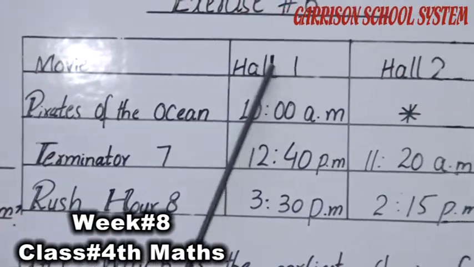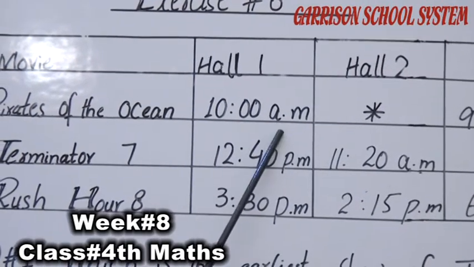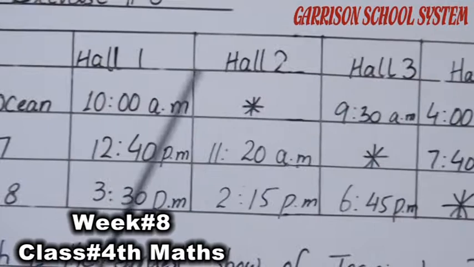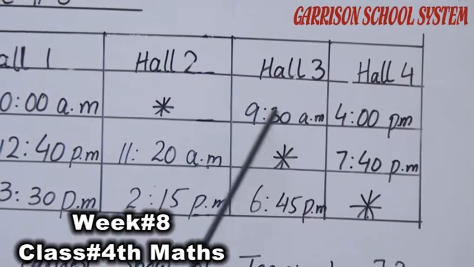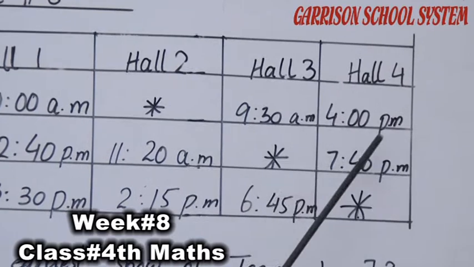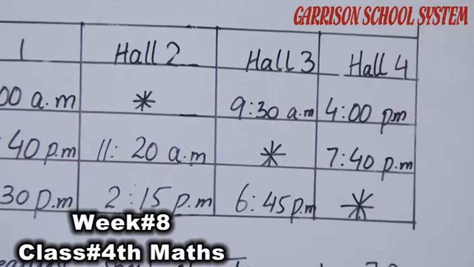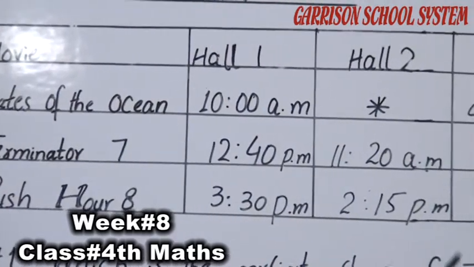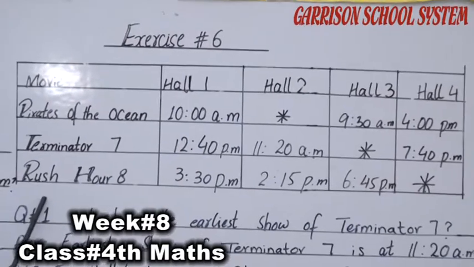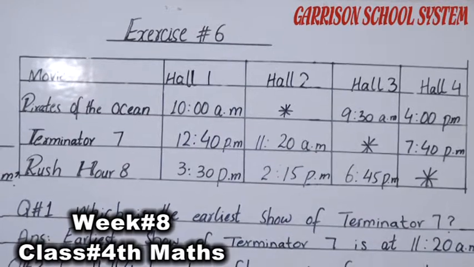Pirates of the Ocean in hall 1 shows at 10 am, in hall 2 it is not shown, in hall 3 at 9:30 am, and in hall 4 it shows at 4 pm. Similarly for Terminator 7 and Rush Hour 8 in halls 1, 2, 3 and 4.